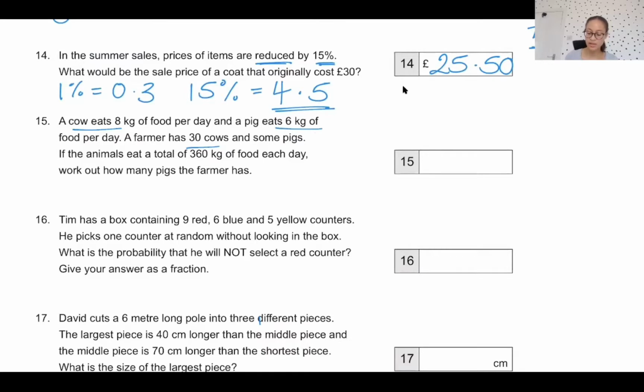If the animals eat a total of 360 kilograms of food each day, work out how many pigs the farmer has. Give it a go for me. First of all, figure out how much food the cows eat on their own. You don't have to tell me that answer, but figure that out first and then do the second part.